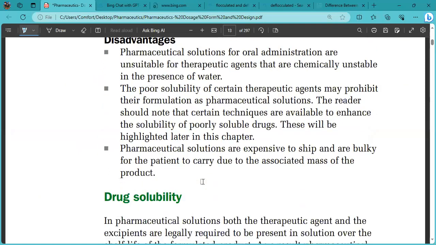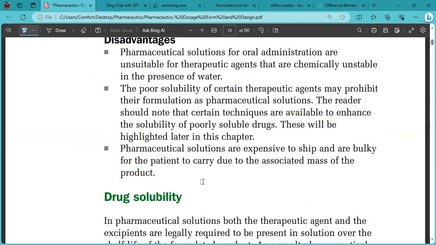And then the disadvantages: if a therapeutic agent is chemically unstable in presence of water, remember water is the main solvent for these dosage forms, then you cannot use it. You cannot administer the drug as an oral dosage form.